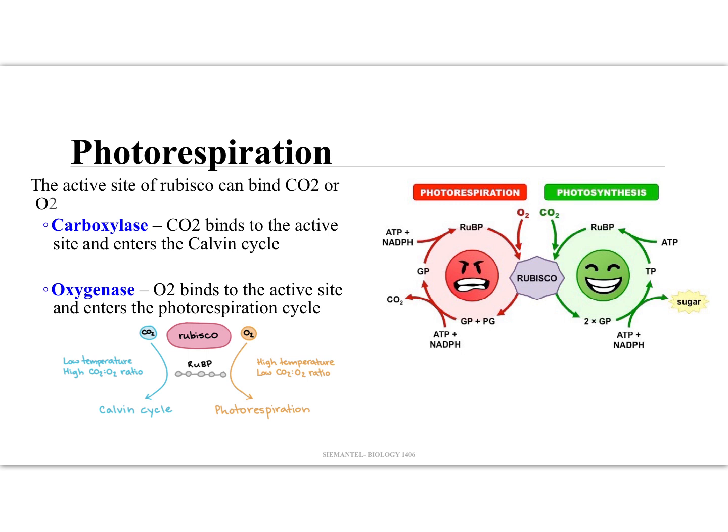So now I've created a situation where I have low carbon dioxide numbers and I have high oxygen numbers. And this is a direct result of the temperature that these plants are found in. So if plants live in desert climates or just really hot and arid conditions, this is a problem they face all the time.